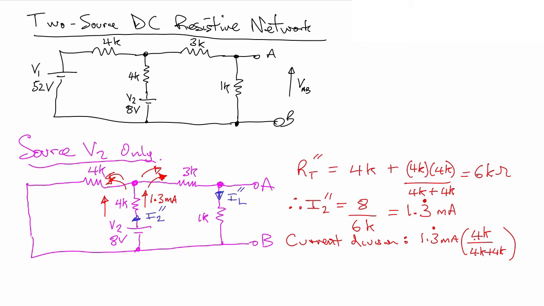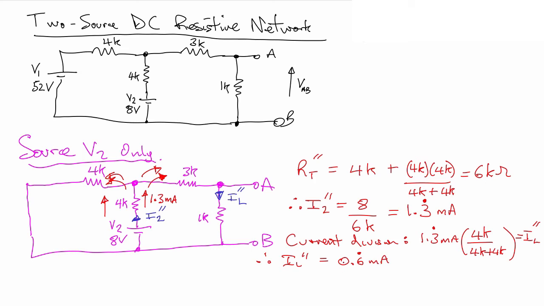The Ks cancel, it's going to be a half. And this thing, of course, is going to be equal to IL double dash. So IL double dash is equal to a half of 1.3 recurring milliamps, which of course is 0.666, etc., 0.6 recurring milliamps.